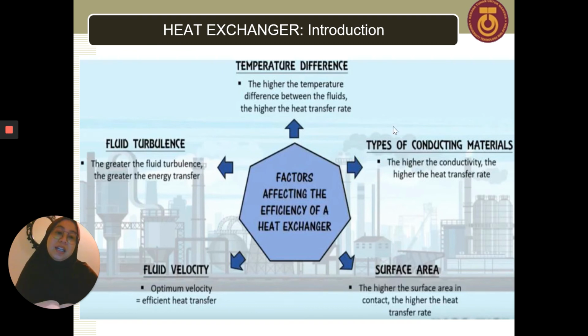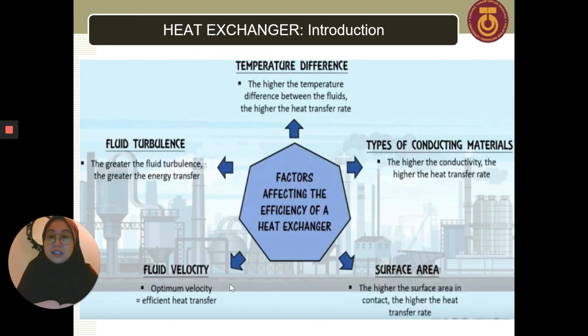The next one is the types of conducting materials. Because different materials have different thermal conductivity, the higher the thermal conductivity means the higher rate of heat transfer. Then for heat exchanger, surface area is also very, very important, because the higher the surface area, the higher the heat transfer rate.